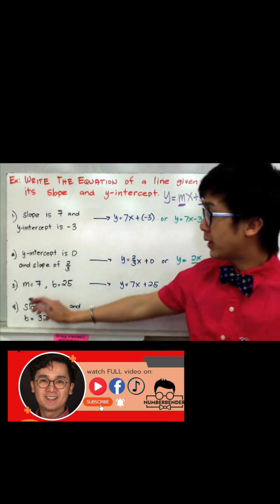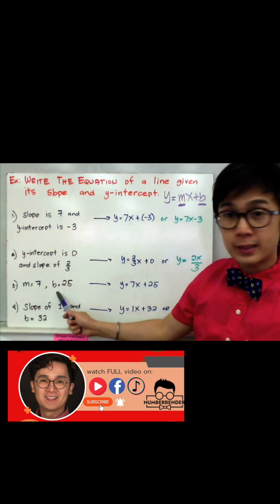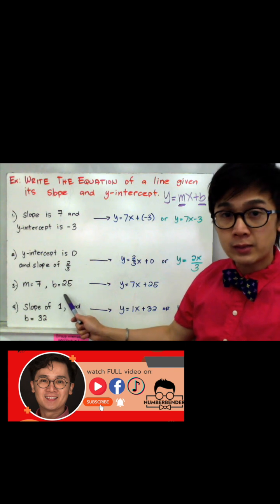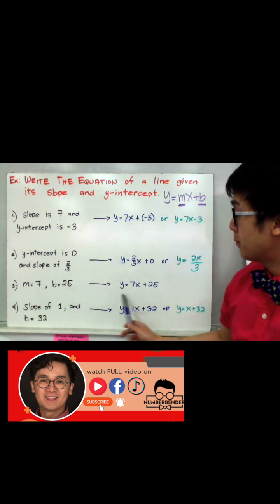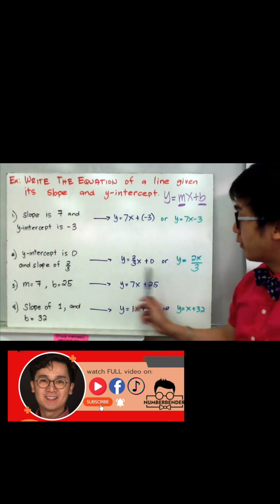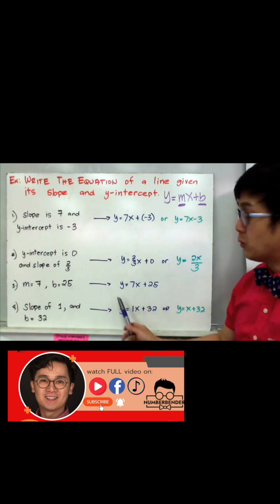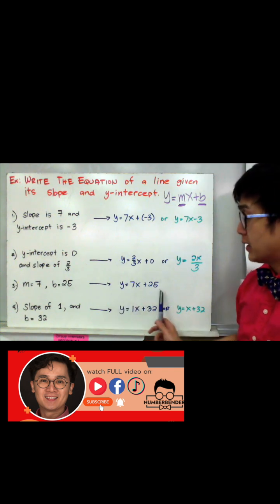And for number 3, we are given symbols. So we have m is equal to 7 and b is equal to 25. And by direct substitution, our equation of a line in the slope-intercept form is y equal to 7x plus 25. And since it's already in simplest form, we don't need to rearrange our parts.